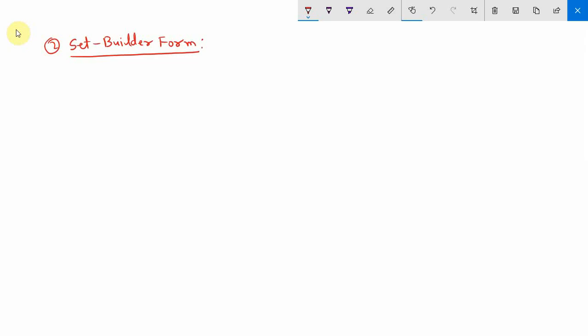In this form a set is described by a characterizing property.